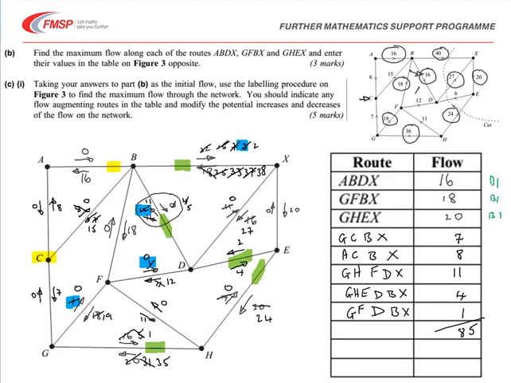Then there were method marks and A marks in here for getting the correct flow augmenting path. So in a total of 5 in there. Sorry, there were 4 there and then 1 for the final total.